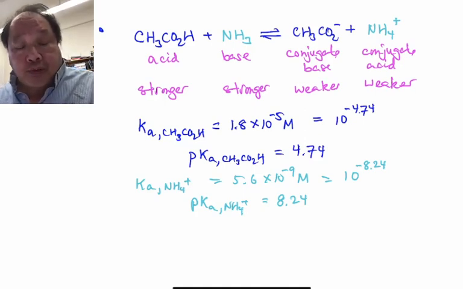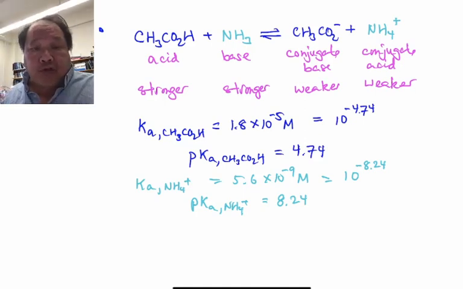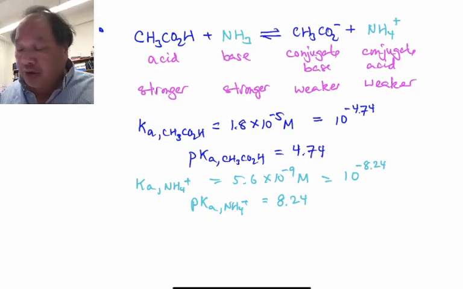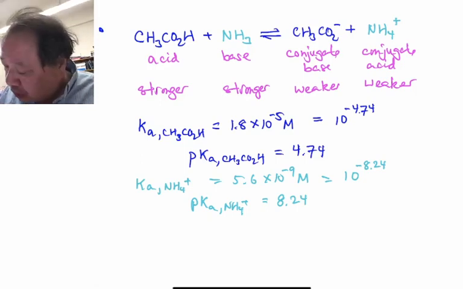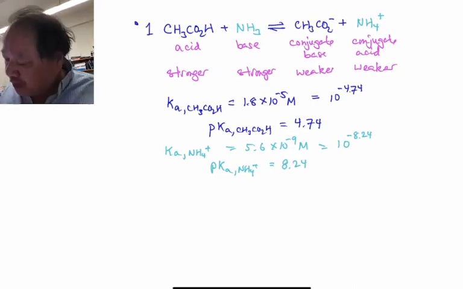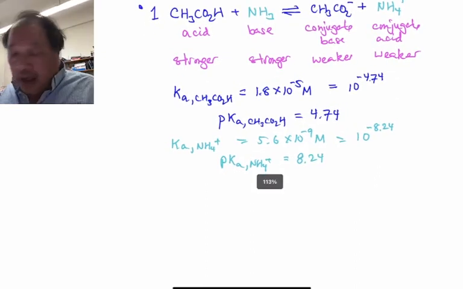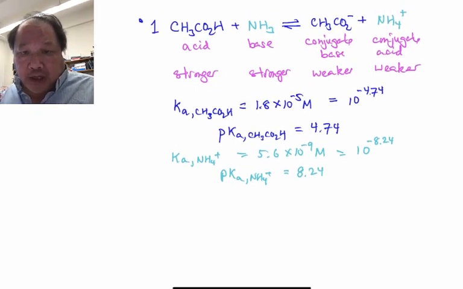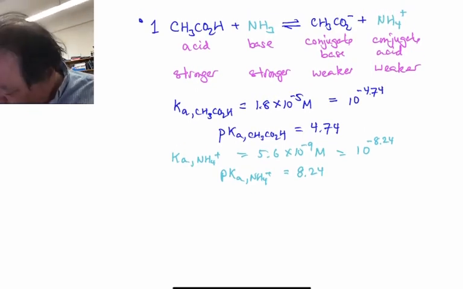But we can also use these numbers that we have here to figure out exactly how much this reaction occurs. And we're going to call this reaction number 1, just so we'll have a name for it. And we're going to look at its K, the K for reaction 1.